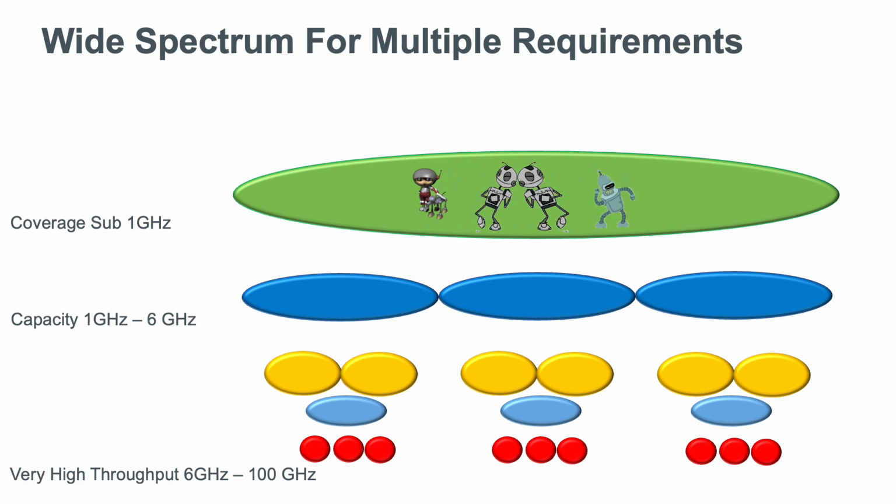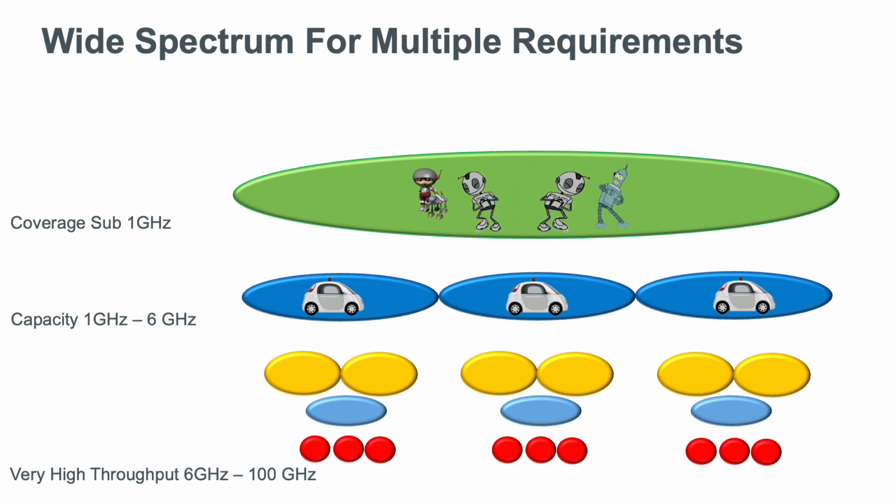In the range of 1 gigahertz to 6 gigahertz, we'll see large capacity vehicle-to-vehicle communications, vehicle-to-X type communications, where very low latency is required, but with good capacity and still fairly good range.